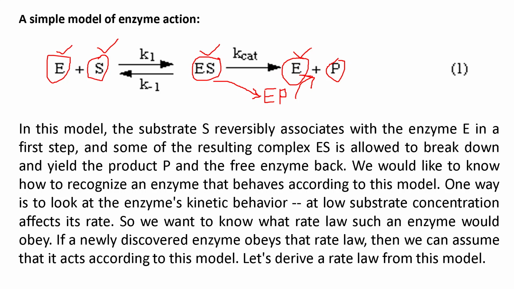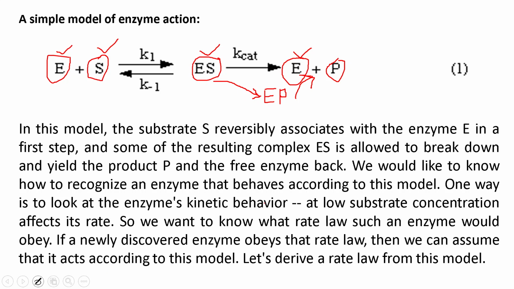Now, we would like to know how to recognize an enzyme that behaves according to this model. One way is to look at the enzyme kinetic behavior at low substrate concentration and how it affects the rate.